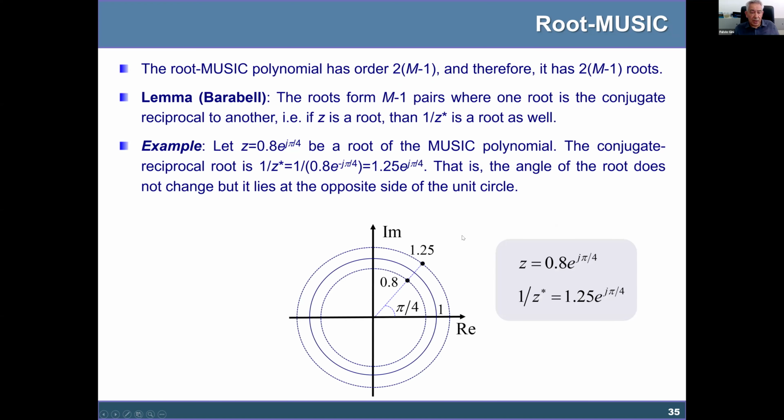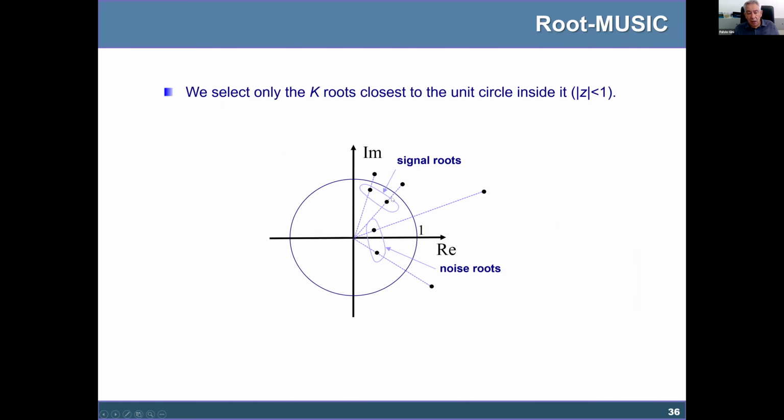But because G is not the exact G, it is the estimated one, we assume that the roots, because of the estimation error, move away from the unit circle, but we consider for our estimate the k roots closest to the unit circle.